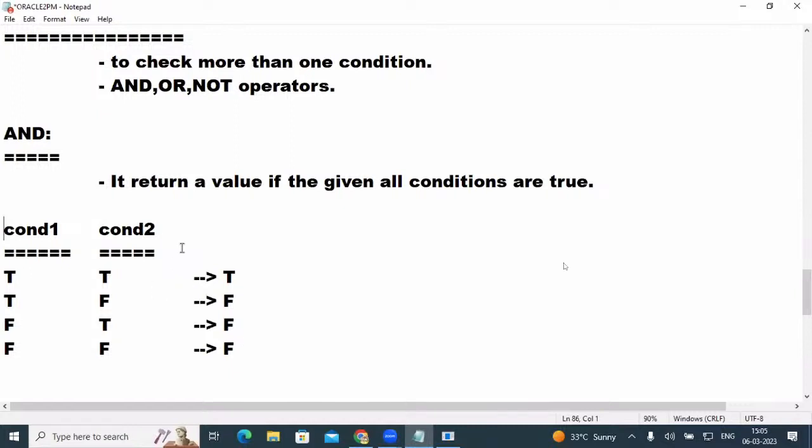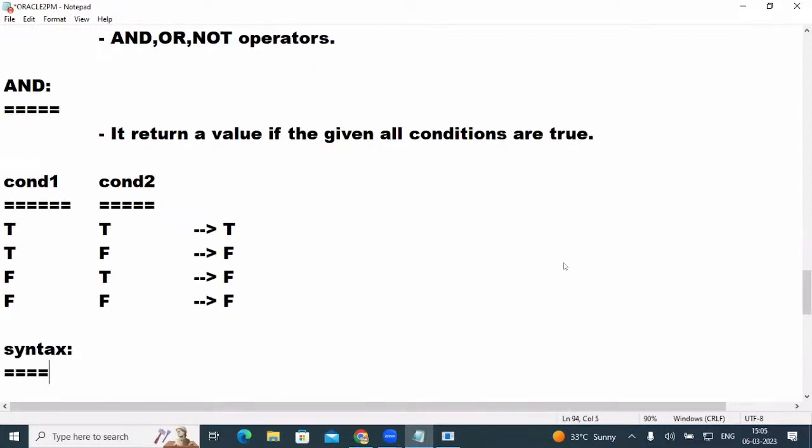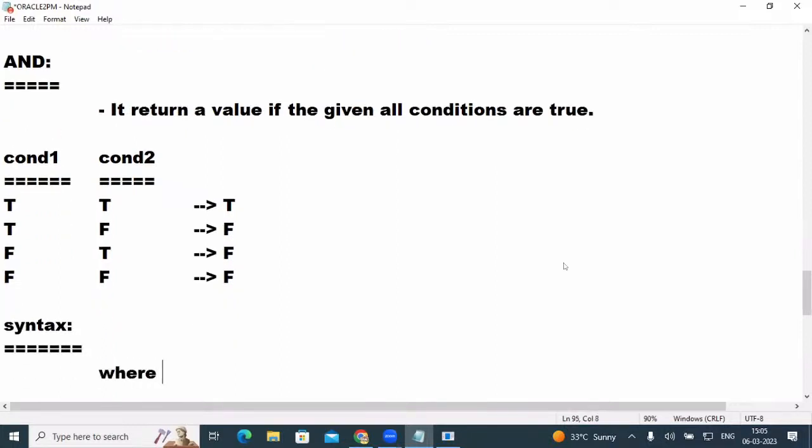Now below, take the syntax of the AND operator and how to use it: where condition number 1 and condition number 2.